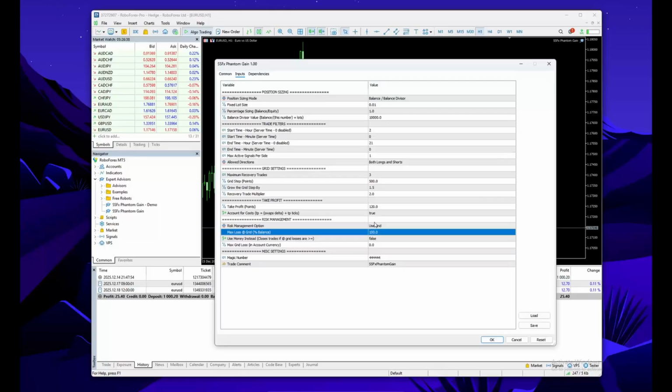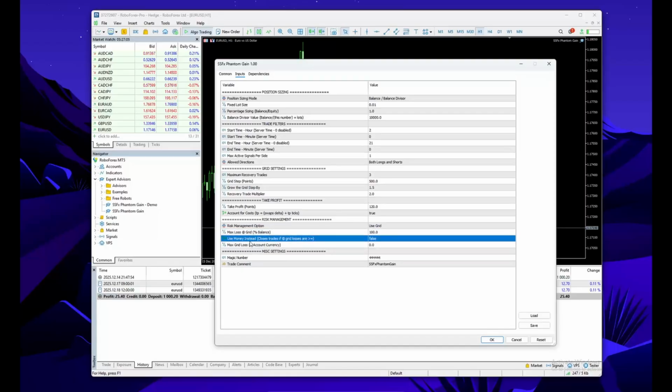So if it loses 50% of your account, or 20%, or 10%, it will close out that grid and start out a new one, and wait for the market to give it a new signal, and then continue from there. So I definitely recommend you modify this, but do your backtest first to find the perfect balance between performance and risk management. The next setting is related to using money instead.